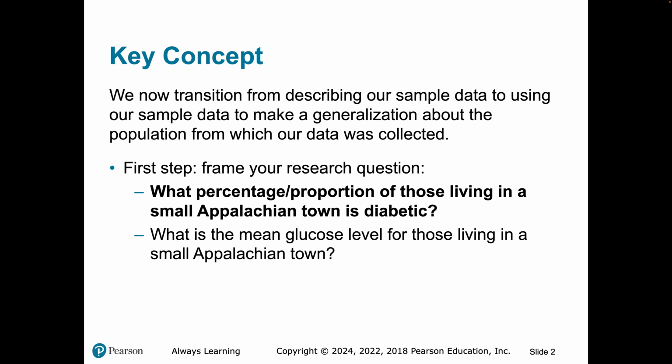So the first thing we need to do is frame our research question. And I have two different questions here. Both of them deal with measuring glucose levels. The first one focuses more on the percentage or proportion of those living in a small Appalachian town who are diabetic, and the other actually looks at the mean glucose level.